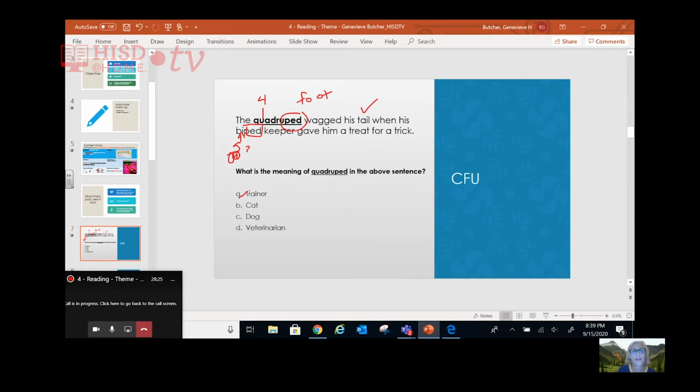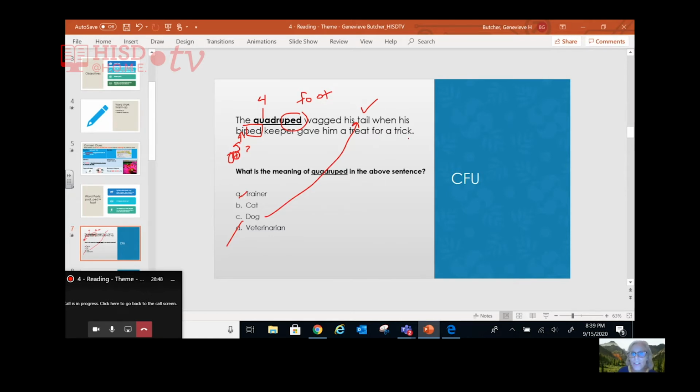So that's out. Cat, dog, and veterinarian. No, the person's out. They're not four-legged. So is it the cat or the dog? I know. The tail gave it away. Wagged his tail. Literally, cats have tails, but they're not the wagging sort. So that doesn't work. Okay, see, that background knowledge is helpful.